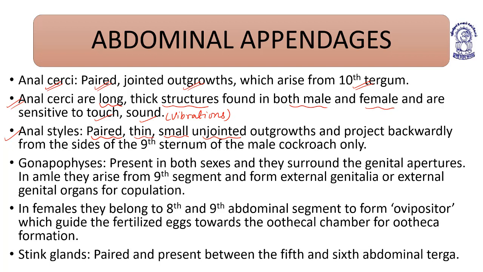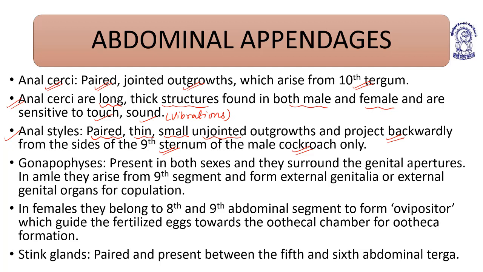The anal styles project backwardly from the sides of the ninth sternum of the male cockroach only. So anal styles are present in males only, while anal cerci are present in both males and females. Please remember, this can be a distinguishing point between male and female cockroaches.